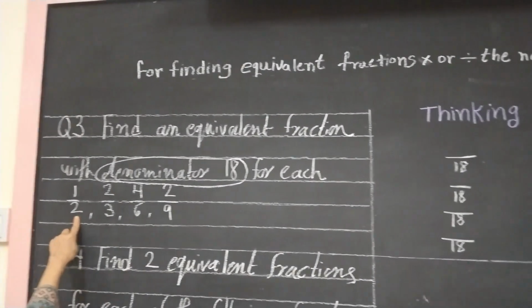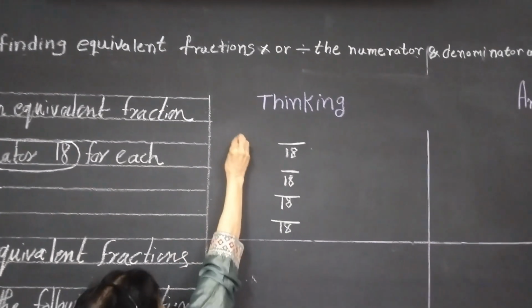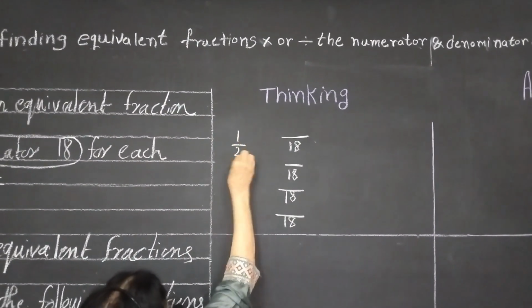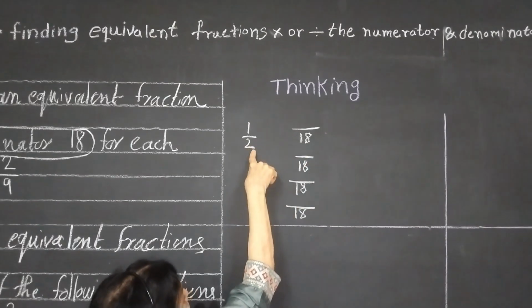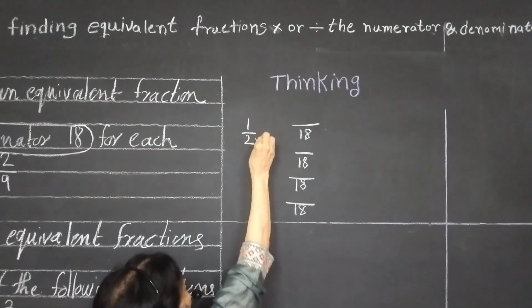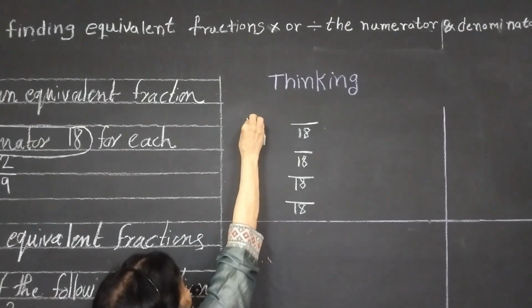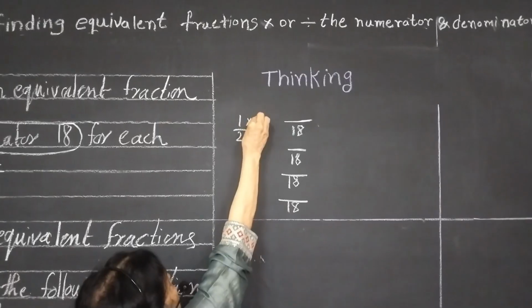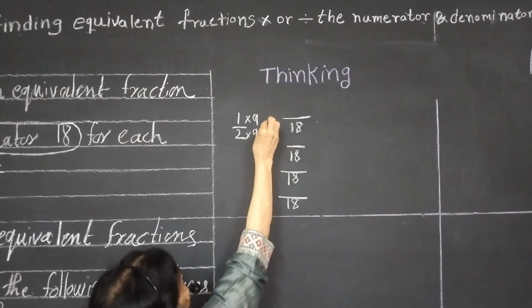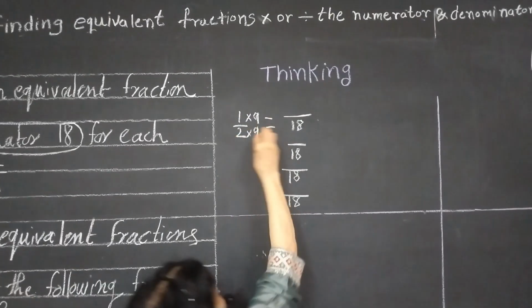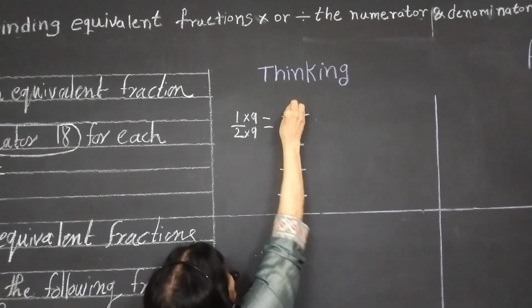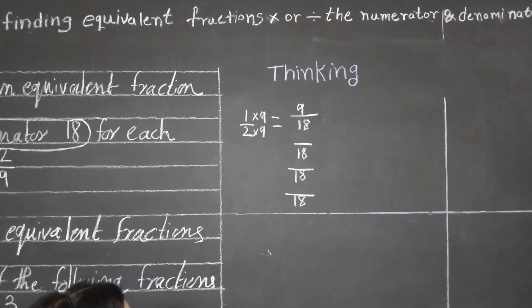Now the first one is 1 upon 2. For getting 18 as denominator, 2 has to be multiplied by 9, and hence the numerator also has to be multiplied by 9. So 1 upon 2 becomes 9 upon 18.